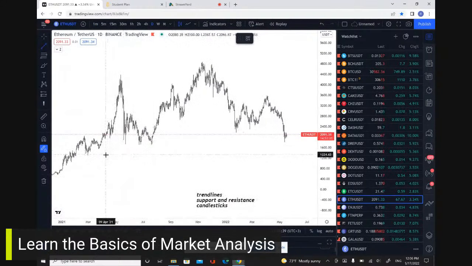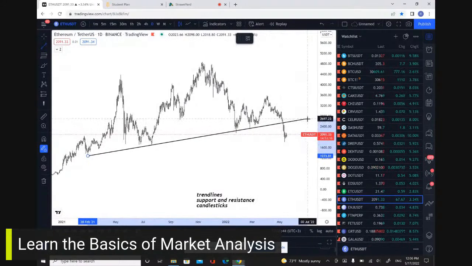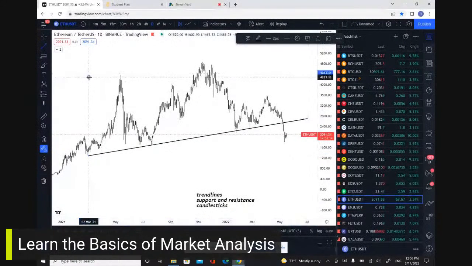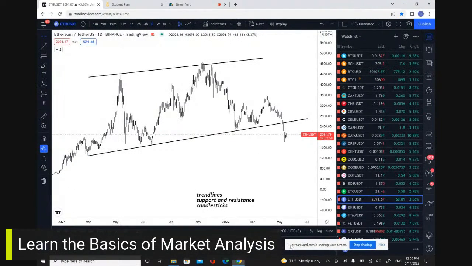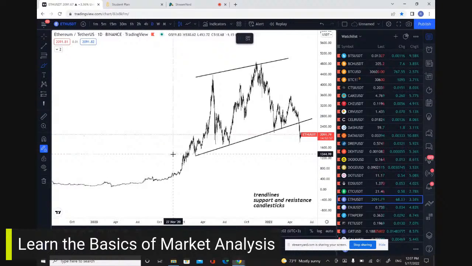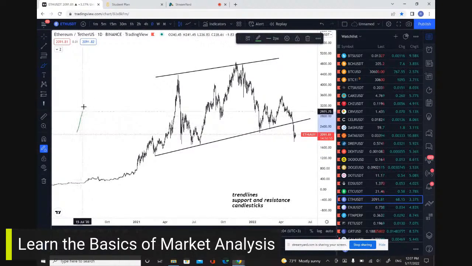For example, we can see on the daily time frame that Ethereum was on a bullish trend line right here from March 2021, where it was around $1,200. So how is a bullish trend line indicated? It's indicated like this.